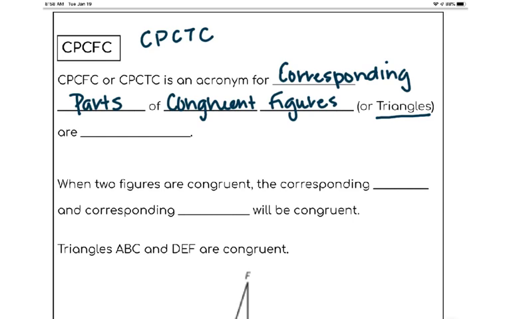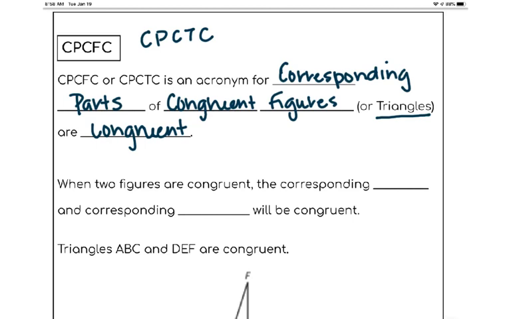If you have a trapezoid that has undergone a transformation, and you have the pre-image, which is the figure before the transformation, and then the image, they're going to be congruent because they've undergone a rigid transformation. So when two figures are congruent, their corresponding parts are congruent.